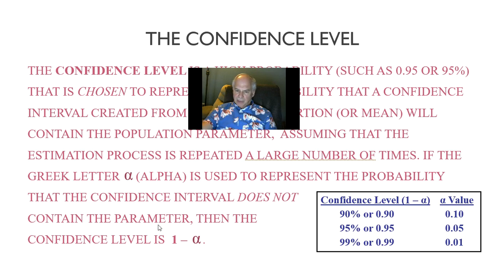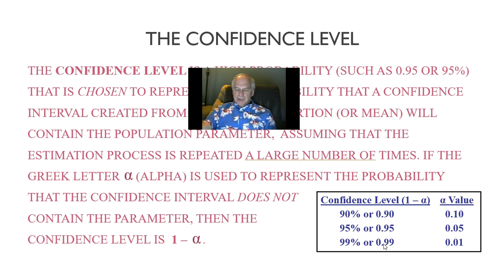Now, the Greek letter alpha is used to represent the probability that the confidence interval does not contain the parameter. Then the confidence level is 1 minus alpha. So if the confidence level is 90%, or 0.9, then our alpha level is 1 minus 0.9, or 0.1. If our confidence level is 0.95, then 1 minus 0.95 would be 0.05, and that would be our alpha value.